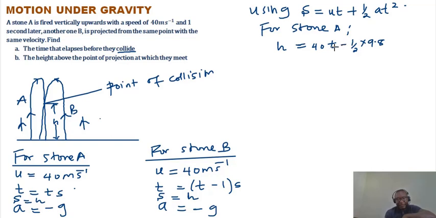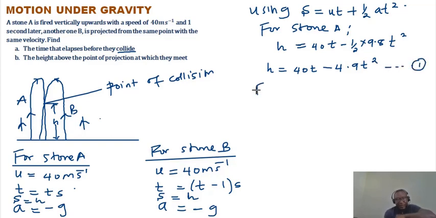This minus comes in because this is going to be negative 9.8, the acceleration, t squared. So h is going to be 40t minus 4.9 t squared. Call this equation 1.